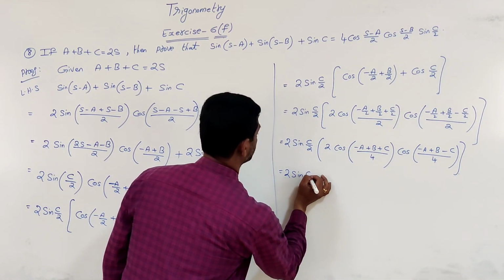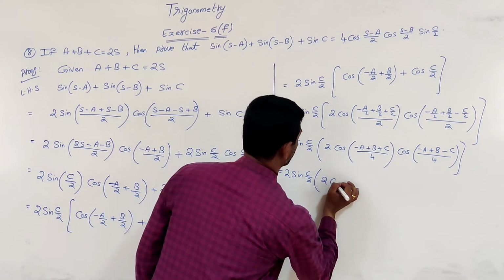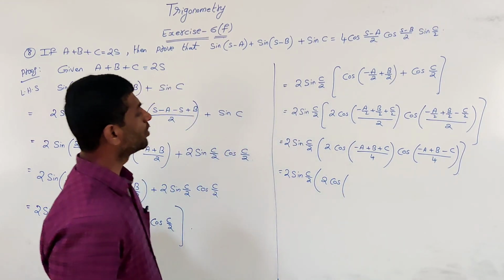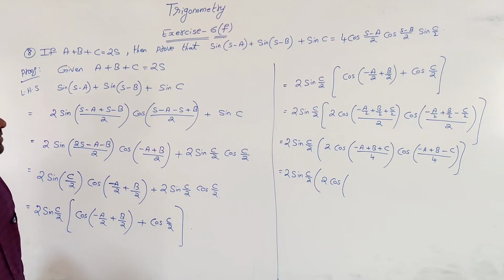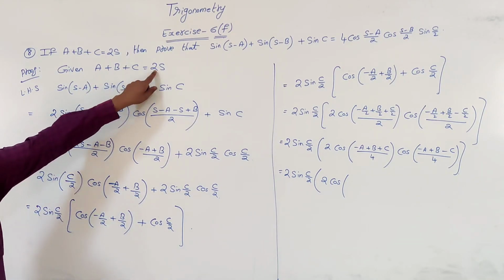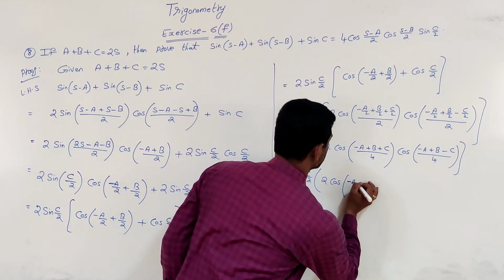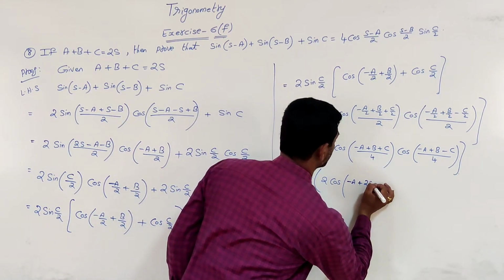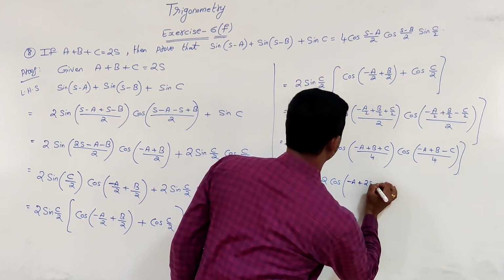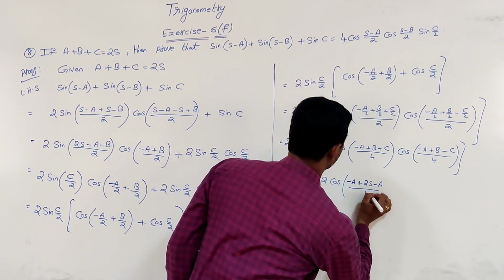2 sin c/2 into 2 cos of, but what is b plus c? B plus c can be written as 2s minus a. So minus a is as it is, and b plus c can be written as 2s minus a, over 4.